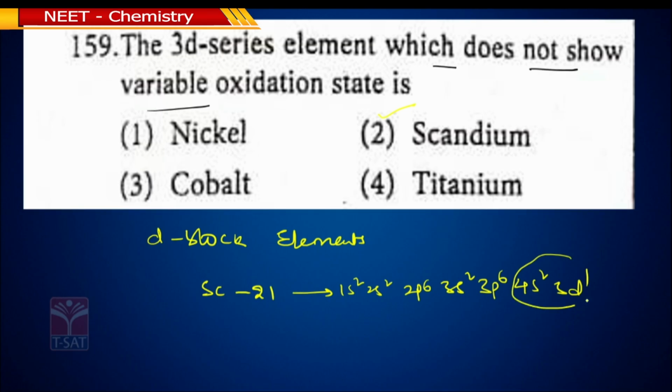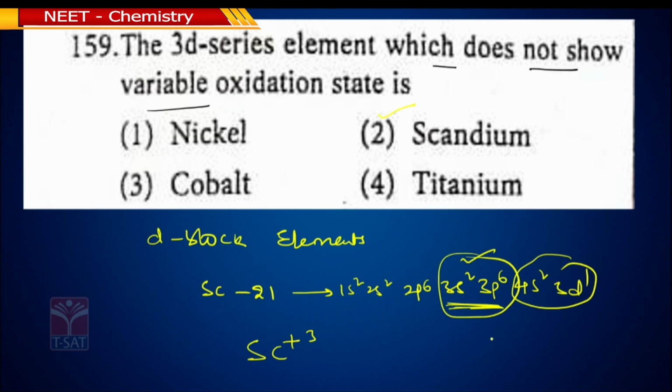If it loses these 3 electrons, it attains the noble gas configuration, that is 3s2, 3p6. So scandium shows only +3 so as to get noble gas configuration. In its +3 state, it will be in the noble gas configuration and will get the highest stability.